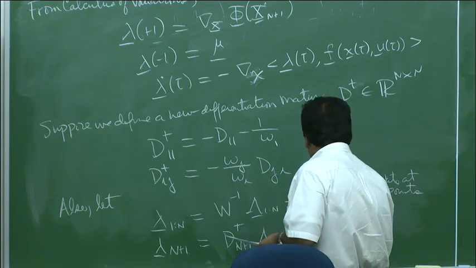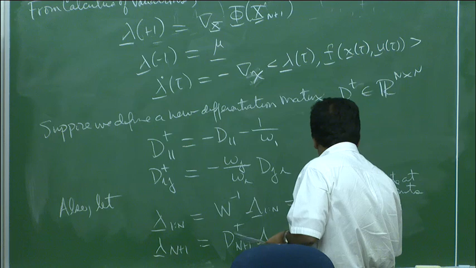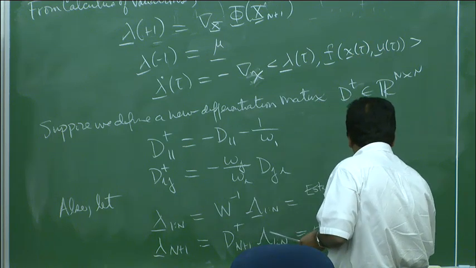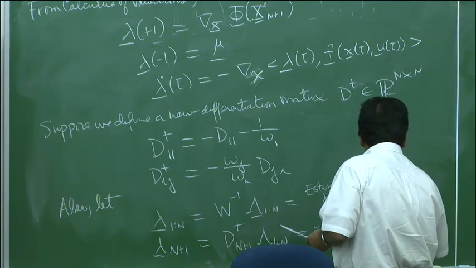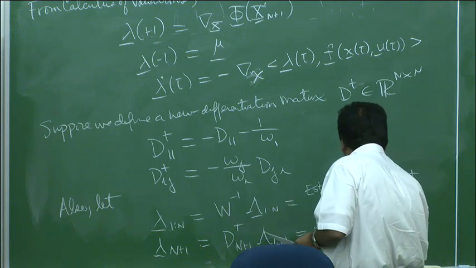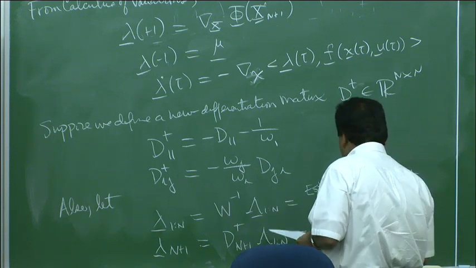And this is an estimate of the costate at tau equals plus 1.